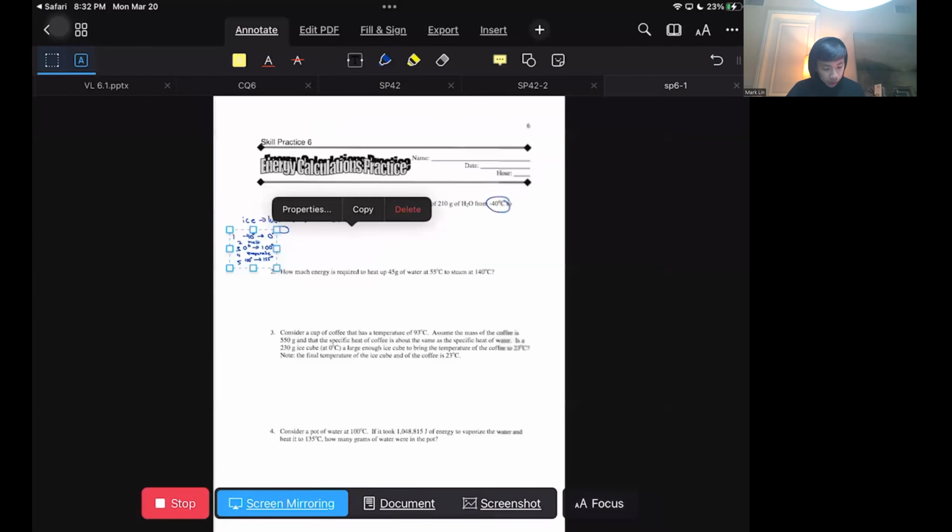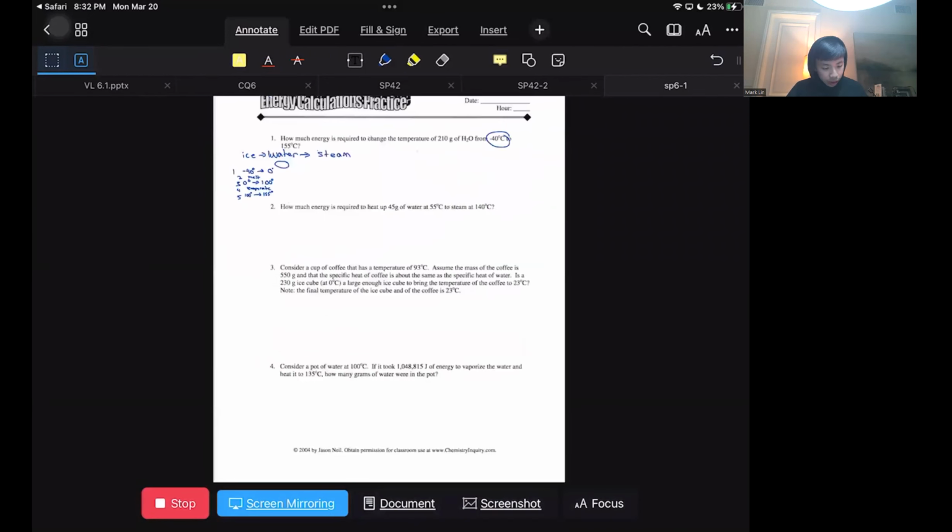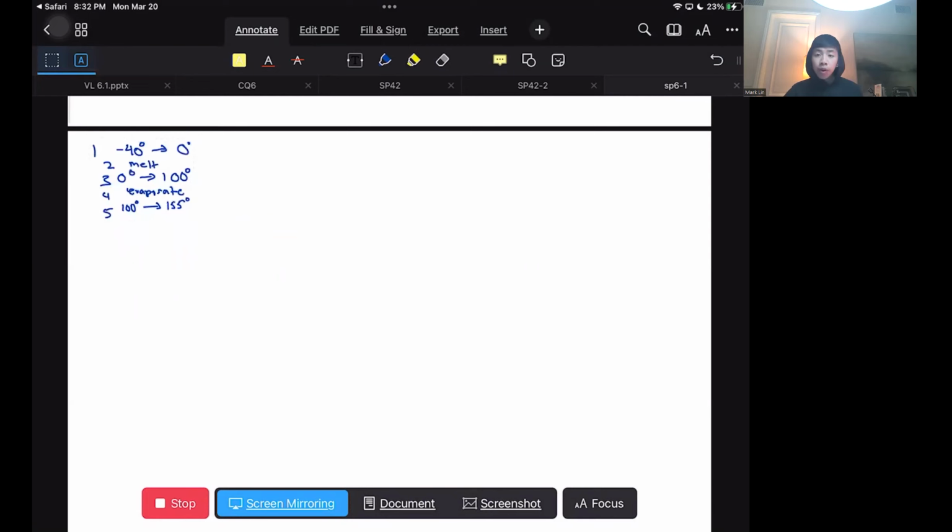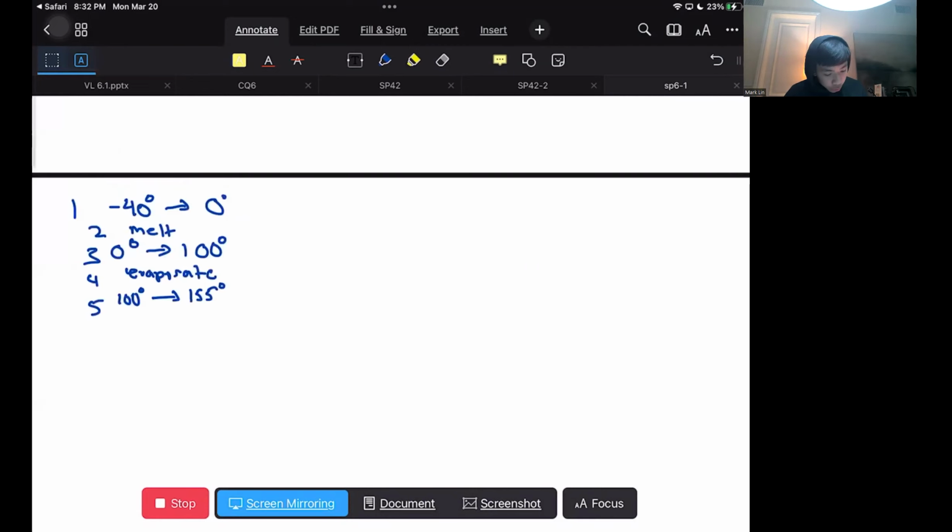Let's do it on a separate piece of paper so I get more room. For number 1, we have to go through all these steps and find the total.